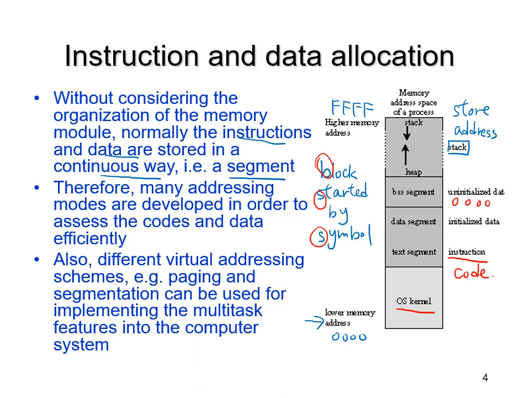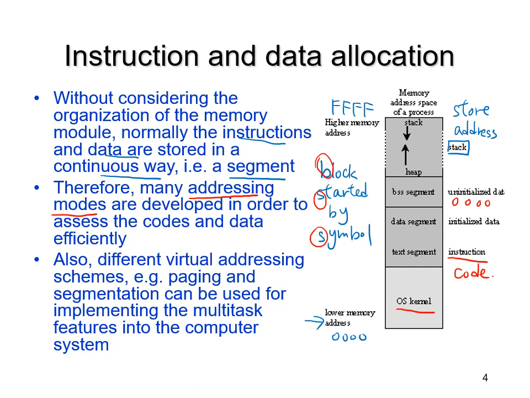Now, because nearly all of our memory stores the data and program in a continuous way, we invented many different addressing modes in order to access the code and data efficiently.